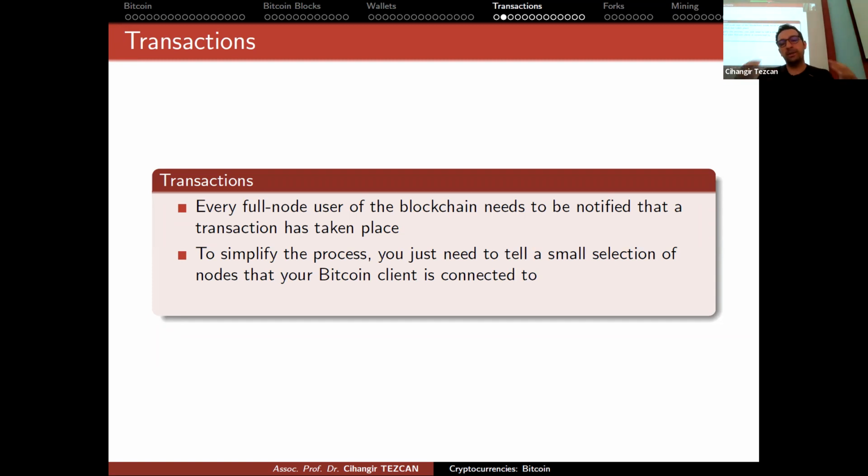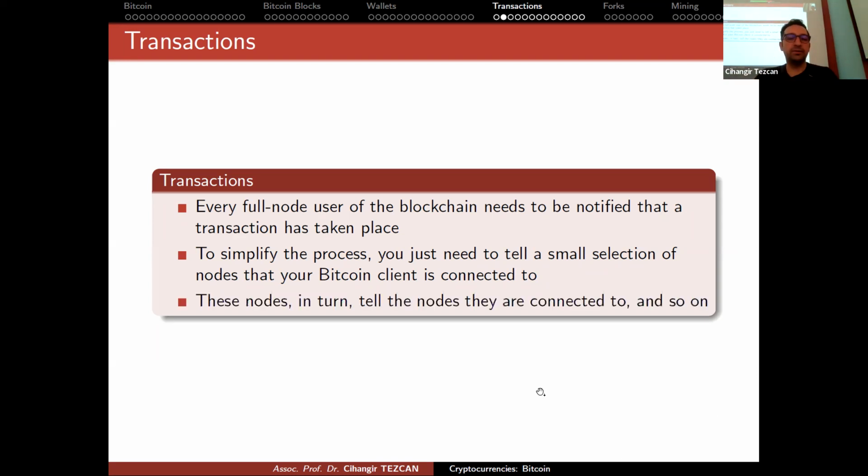And Bitcoin Core uses the port number 8333. So this way, by listening to that port or other IP addresses, you can see what the network is doing, okay? These nodes in turn tell the nodes they are connected to, and so on.